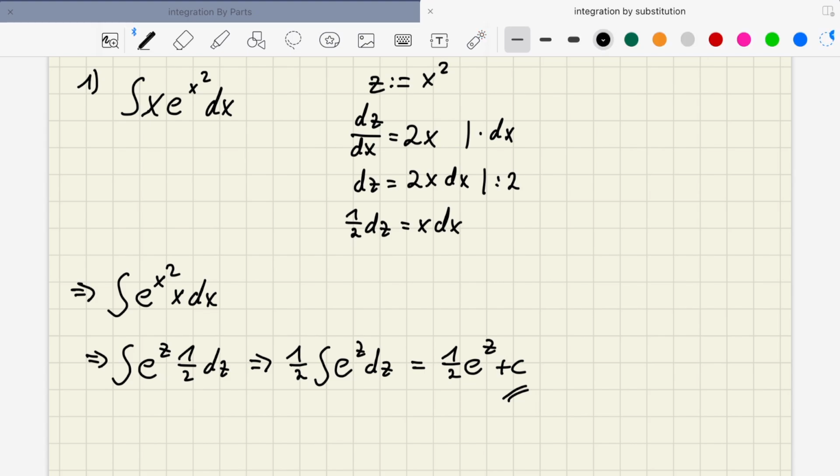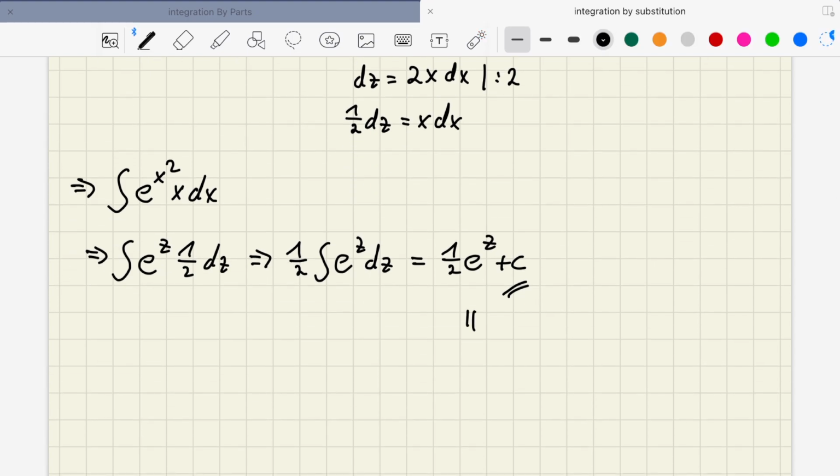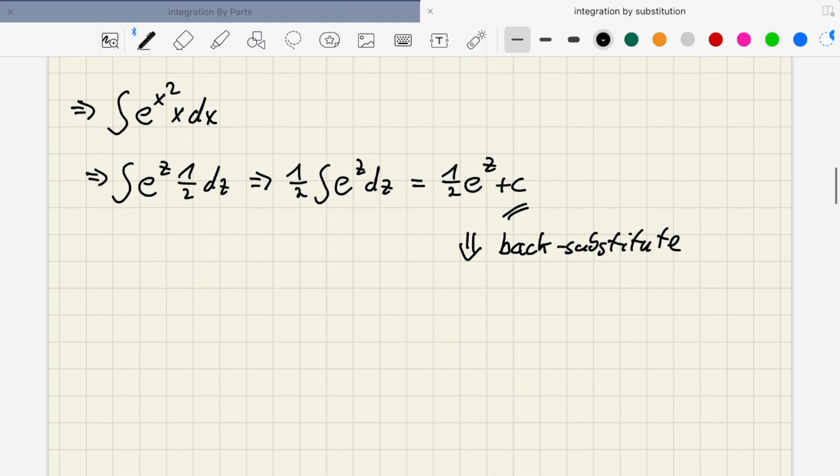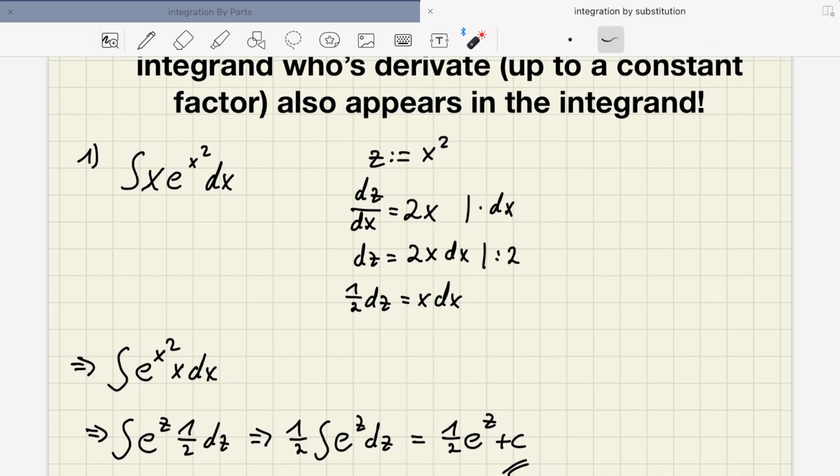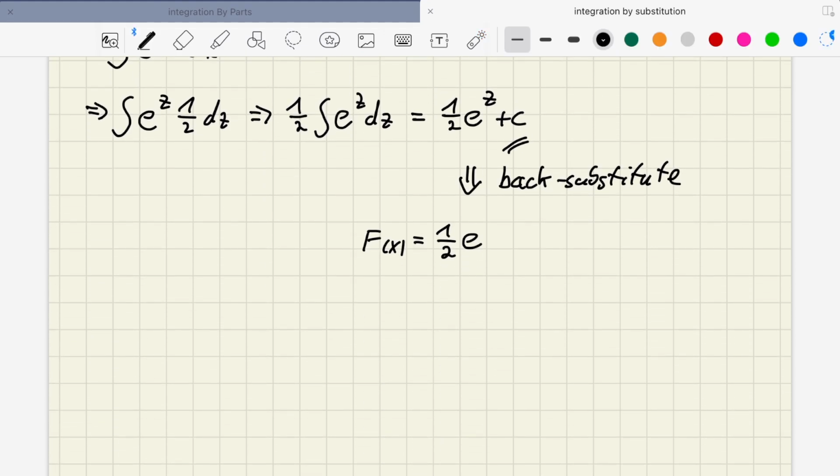And now, in the next step, we back substitute our z so that our antiderivative is equal to 1/2 e to the power of, z is x squared, plus c, and we are ready.